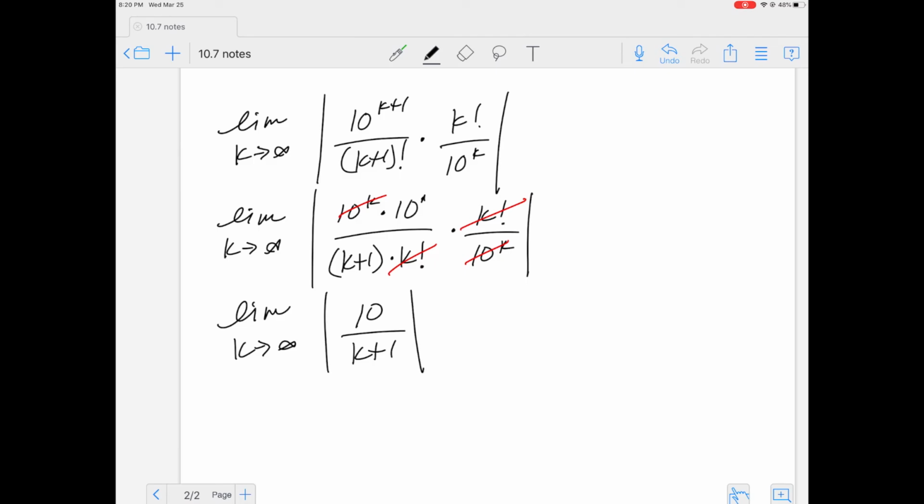Now, as k approaches infinity, what does this whole thing go toward? 0. Because k is my only variable and it's in the denominator. Now, what do we know about the relationship between 0 and 1? Less than 1, meaning absolute convergence.